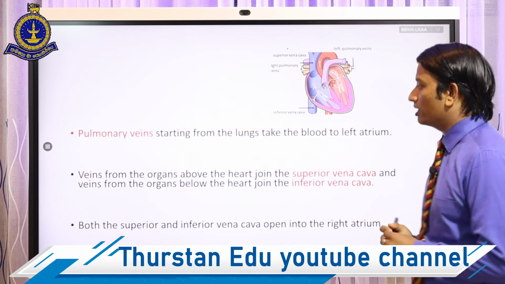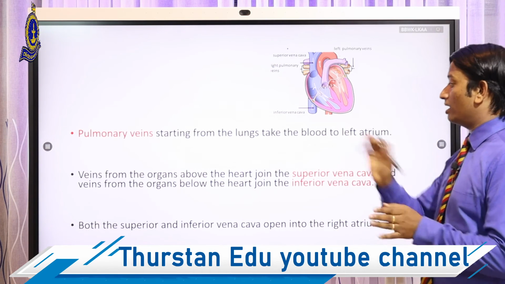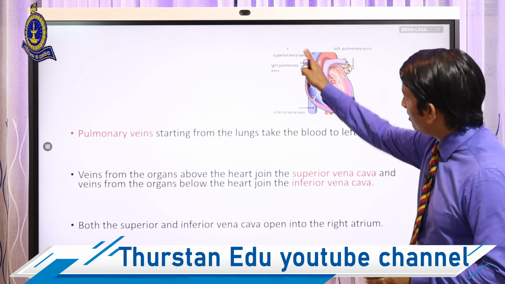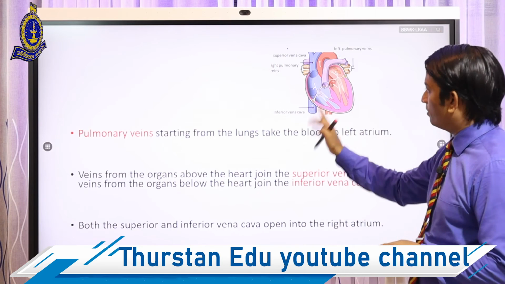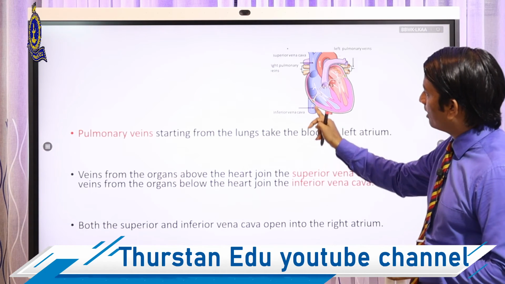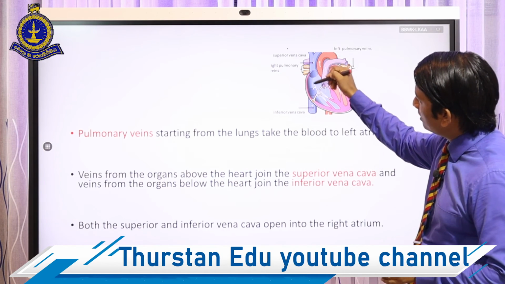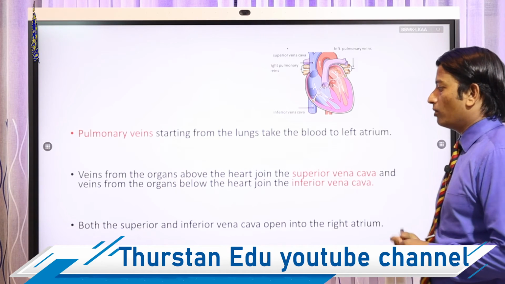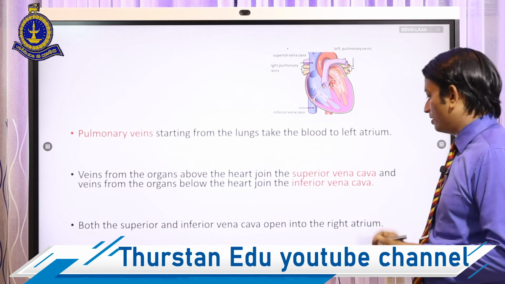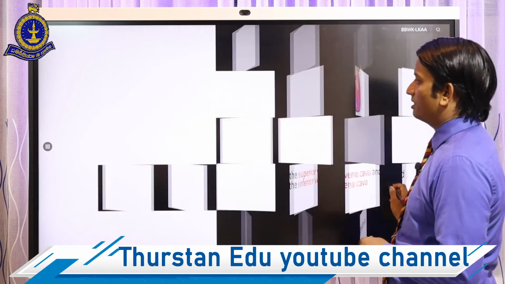Veins from the organs above the heart join the superior vena cava, and veins from the organs below the heart join the inferior vena cava. Both are connected to the right atrium, as we studied before.